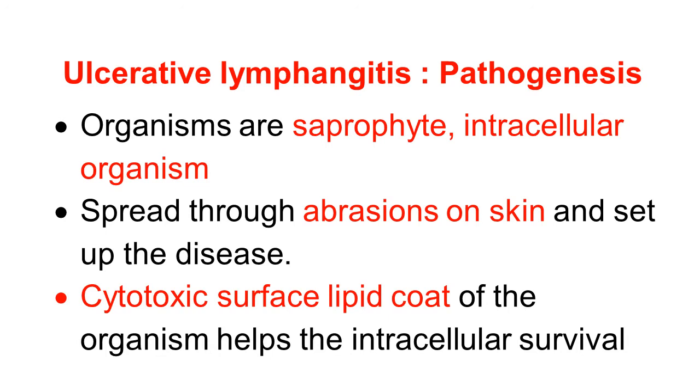The organisms are saprophytes, that means they remain in the environment, mostly wet, unhygienic soil. The organisms are intracellular, and how they survive we'll see next. The organisms spread through abrasions or injury on the skin, that also we have seen, and set up the disease.